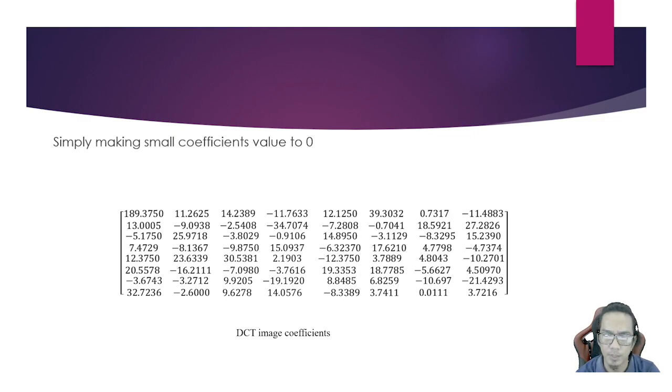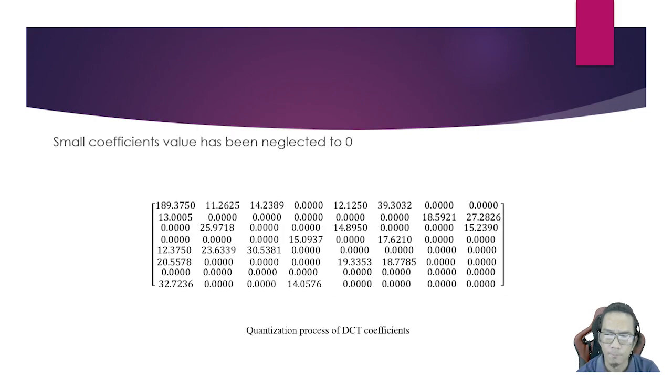By simply setting the small values to 0, we will get another set of image coefficients. This process has been written in the algorithm code which will be used in this work. This is actually the compression ratio threshold value. The main purpose of setting the small values to 0 is to achieve image compression.